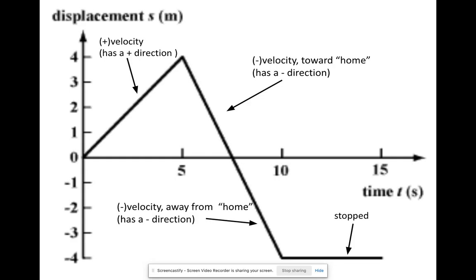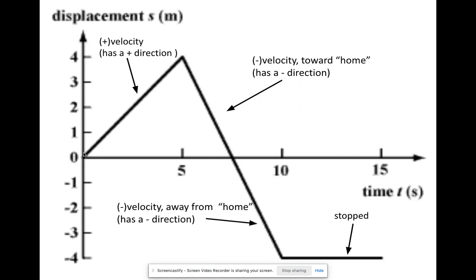So here is again, kind of putting this all together on a position time graph, or again, displacement over time, same thing, same information. So this first portion, we have a slope. It's a constant velocity, a constant slope because it's not changing. So we can say it has a positive velocity and it's moving in a positive direction because the slope is positive.